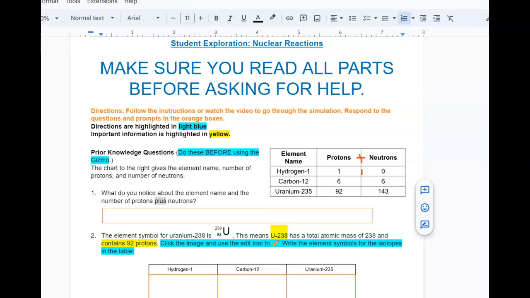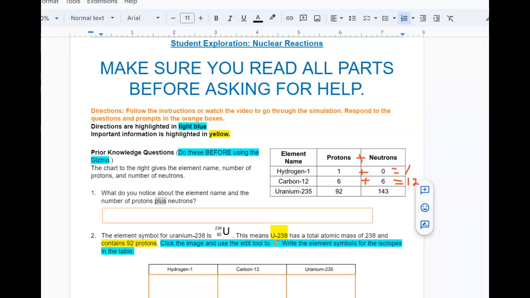The number of protons for this hydrogen 1 is 1 plus 0, and that equals how much? That equals 1. The number of protons plus neutrons for carbon 12 is 6 plus 6, which equals 12.